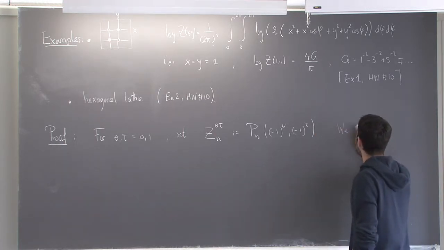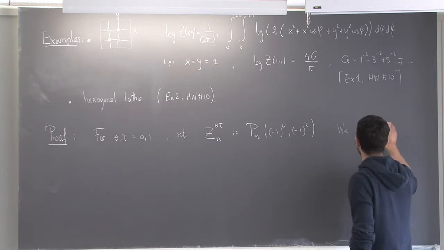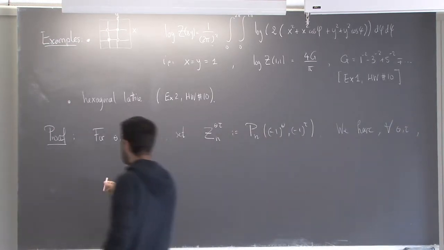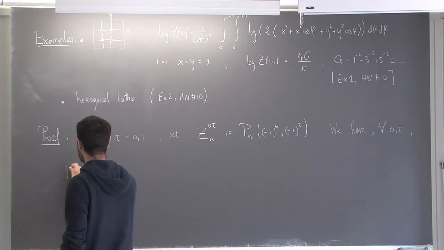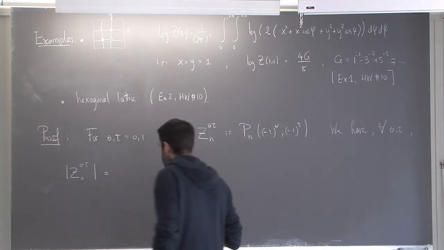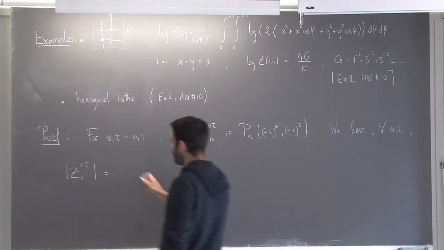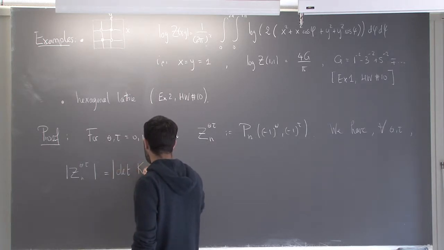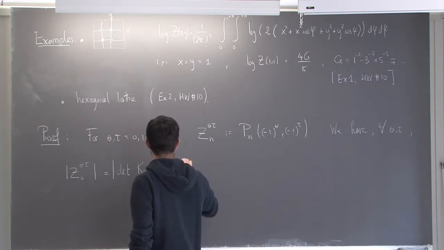Okay, what do we have? For any theta and tau, what do we have? Let me write z theta tau n. So by definition, this is the absolute value of the determinant of Kn minus 1 theta minus 1 tau.